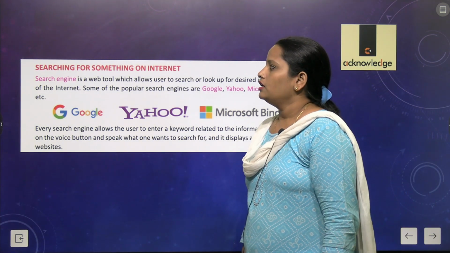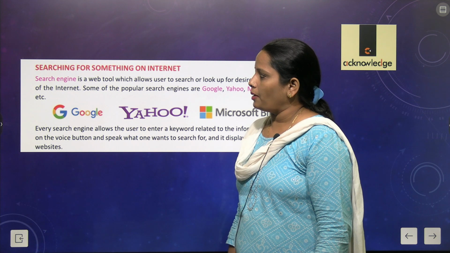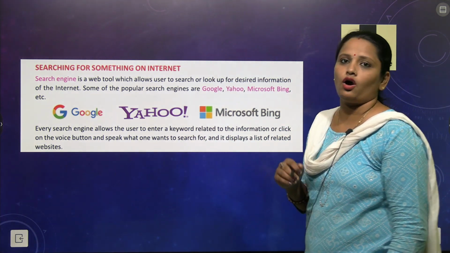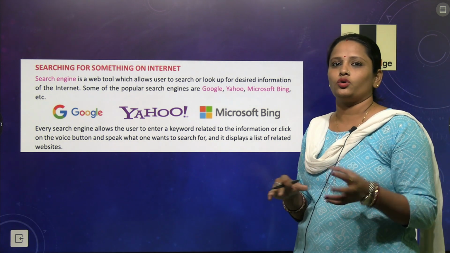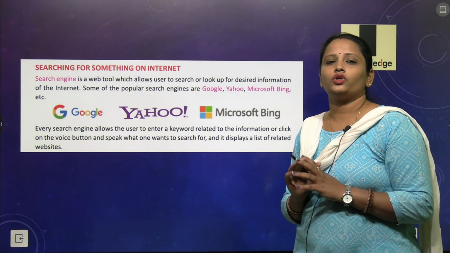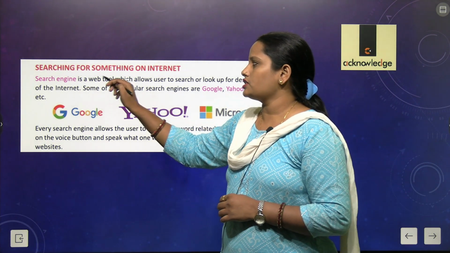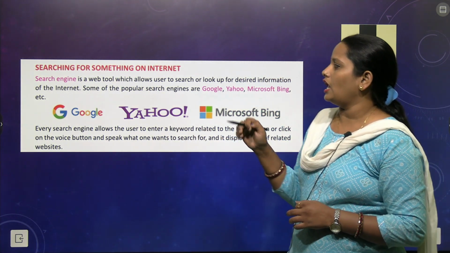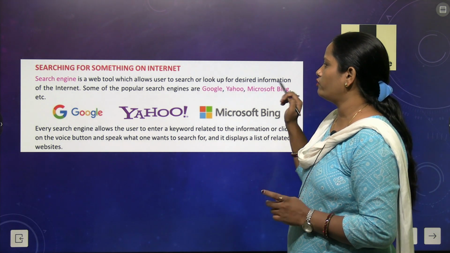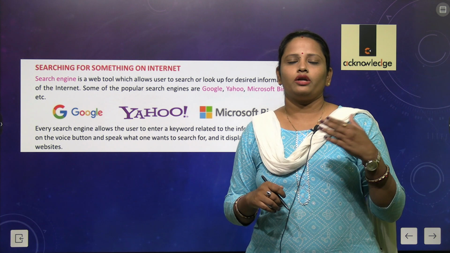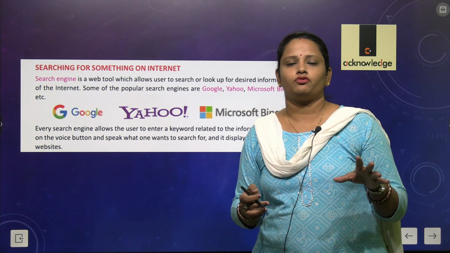Okay. Now we are going to learn about searching for something on the internet. Now we know how to open the internet. Now we are going to learn how we can search on the internet. A search engine is a web tool which allows users to search or look for different information on the internet. So how can we find information from the internet?